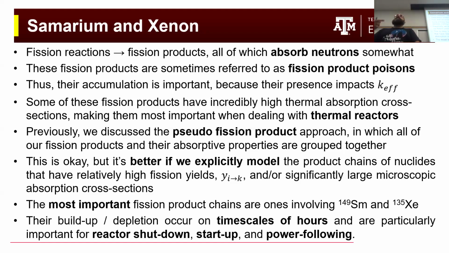For the ones that do, like xenon 135 and samarium 149, we can explicitly determine how those concentrations evolve with time to more accurately predict the impact of those fission products on our reactors. The buildup of these products is on intermediate time scales, over hours to days of the reactor operating.